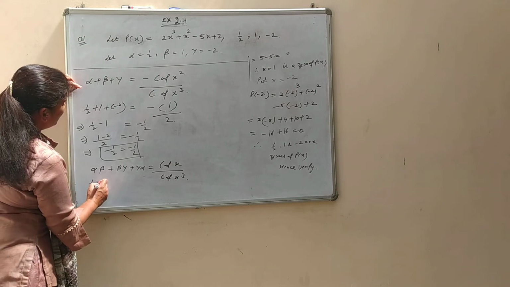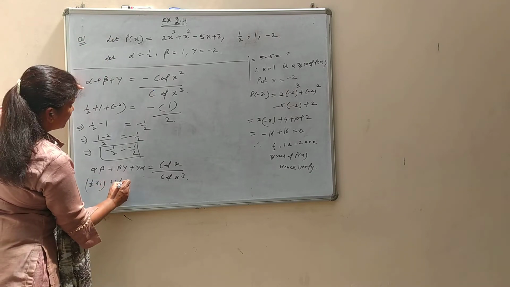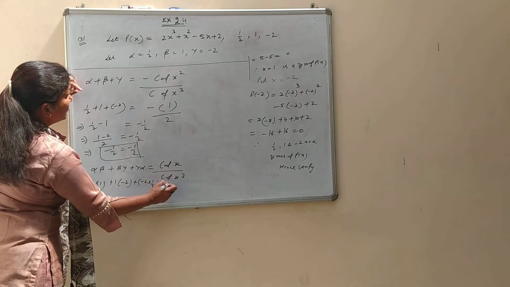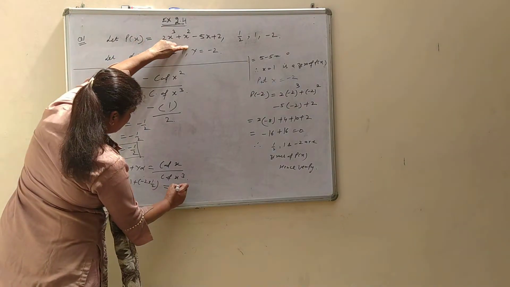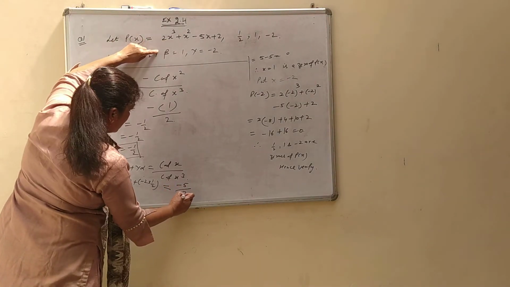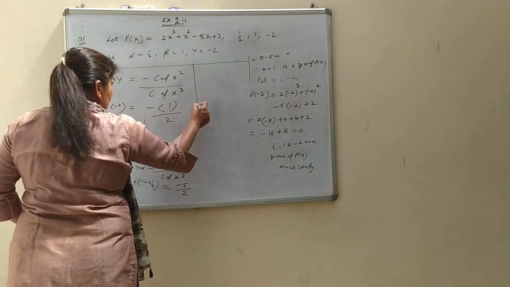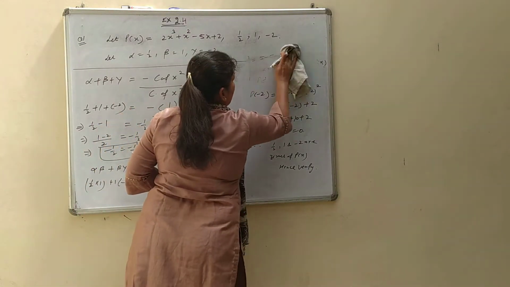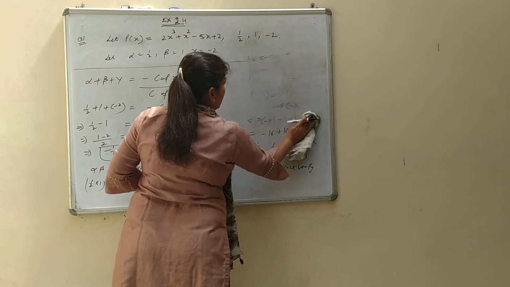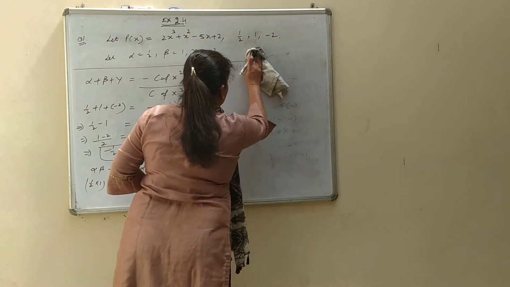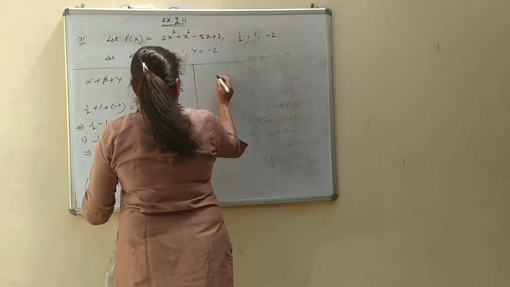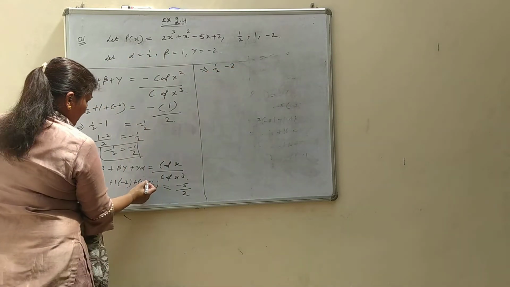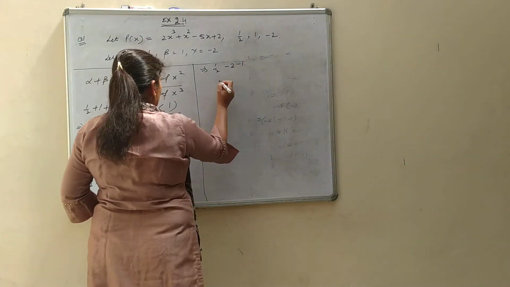Alpha 1 by 2, beta 1. 1 into minus 2 plus minus 2 into 1 by 2 is equal to coefficient of x, minus 5, over coefficient of x cube, which is 2. Now left hand side. 1 by 2 minus 2, cancel with the 2, and 2 into 1 by 2 is 1, minus 1.